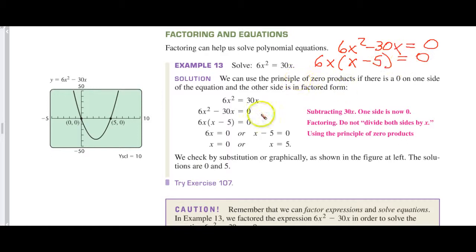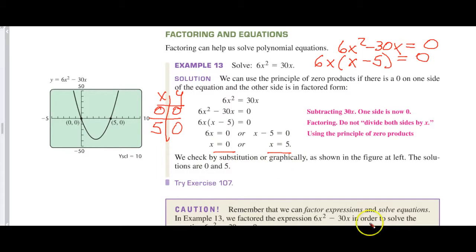I'm going to equate each of these to 0, and I get x equals 0, x equals 5, and there's my little t-chart here, x, y, finding the zeros when y is 0. We have here a 0 and a 5, and that's what we have.